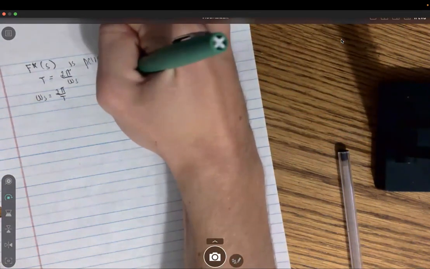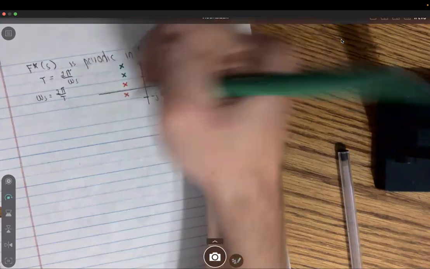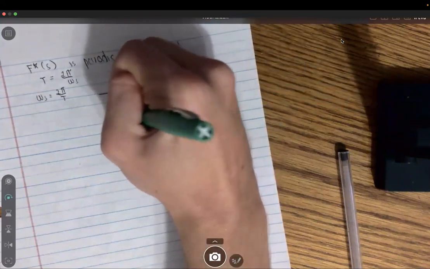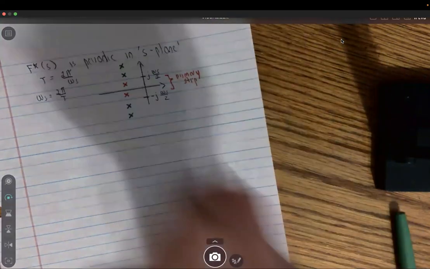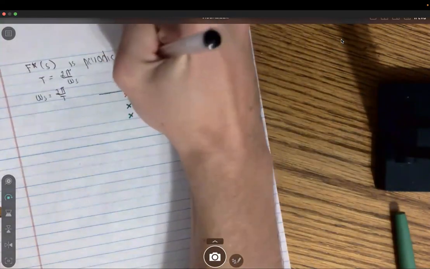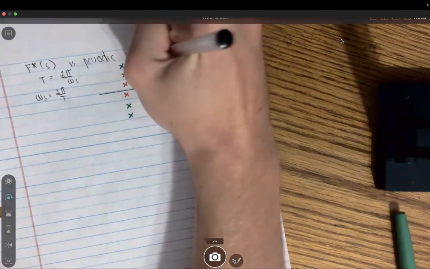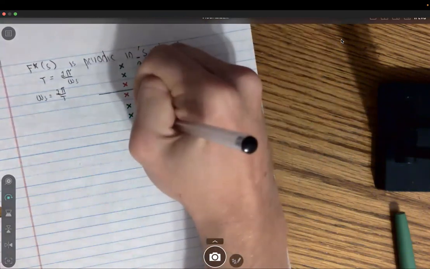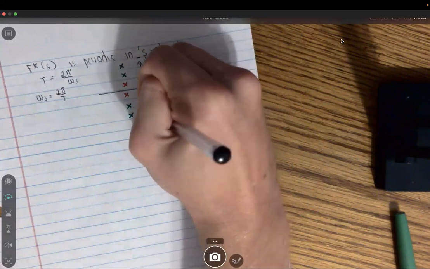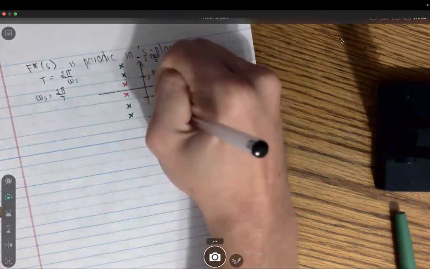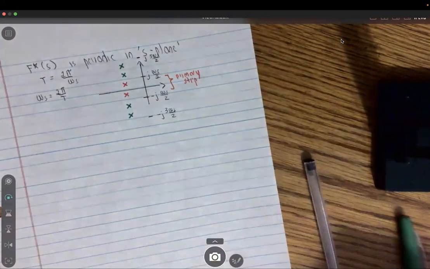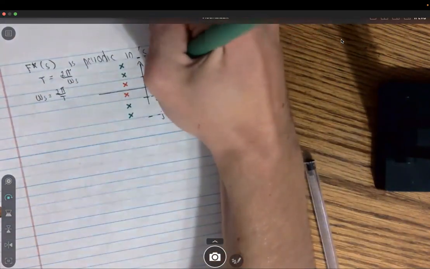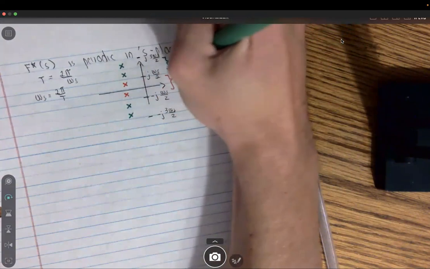It would be just a repeat of the ones you have there, and right below, it would repeat them as well. In these ones, this would go up to j 3 omega s all over 2, and then down here, it would be negative j 3 omega s all over 2. And so these are referred to as the complementary strips because they're a repeat of the primary strip.